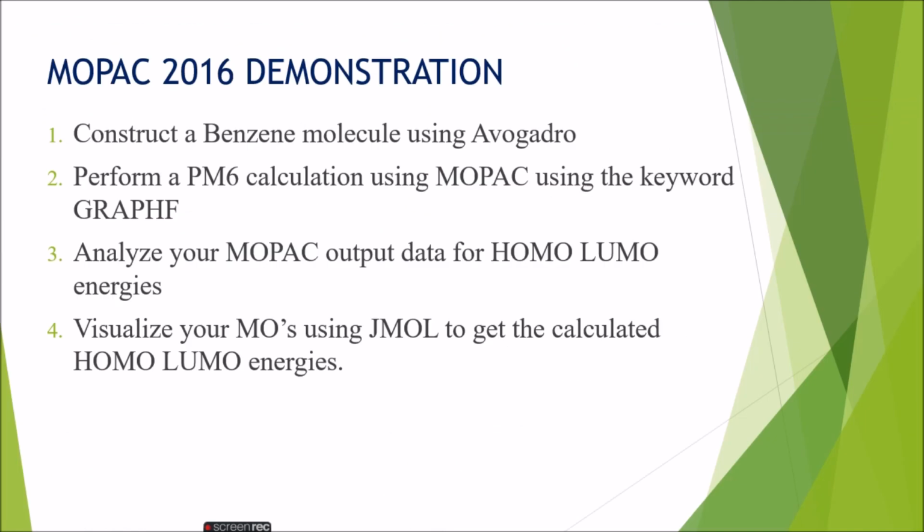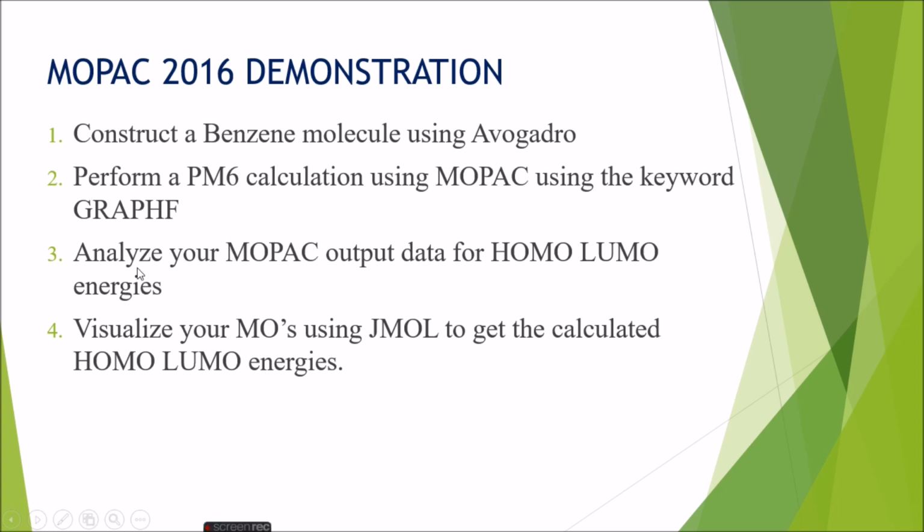Today we will be demonstrating the HOMO-LUMO energies, calculating them using MOPAC. First, we are going to construct a benzene molecule using Avogadro software, a molecular visualizer and editor. Then we optimize it to bring it to a stable geometry. Then we will perform a PM6 calculation using MOPAC with the keyword GRAPH F. We will see what this means in the demonstration.